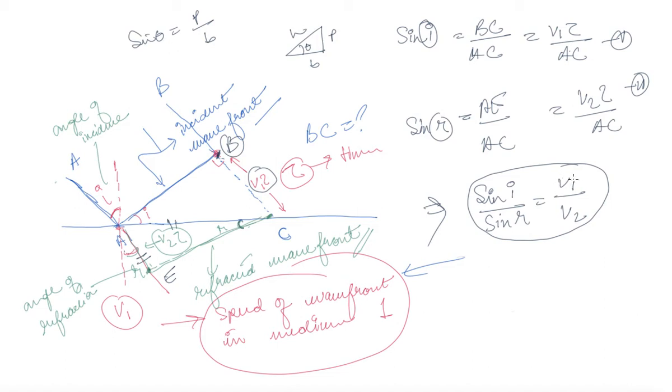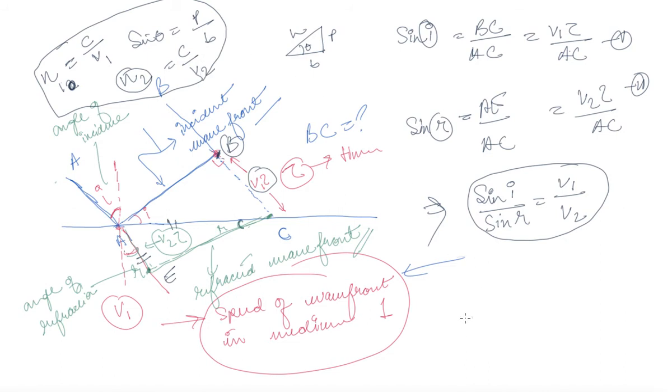Now what is v1 upon v2? If we are talking about the refractive index of medium 1, it is the speed of light c upon v1. The refractive index of medium 2 is c upon v2.